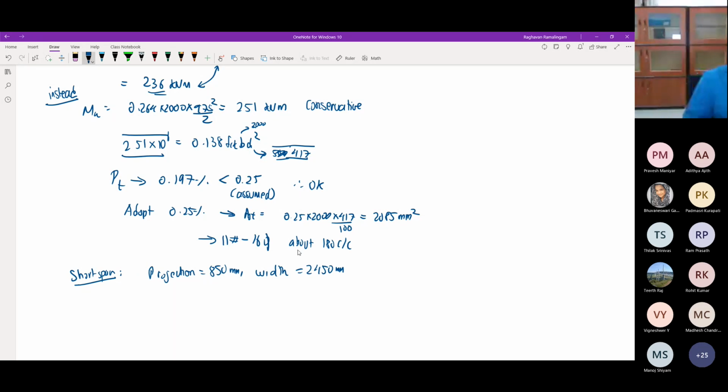I can use the same thing: Mu equals, let's say, 0.264 times 2450 into 850 square by 2, in order to be conservative. If I do this, 850 square by 2 into 2450 into 0.264, I get 233.